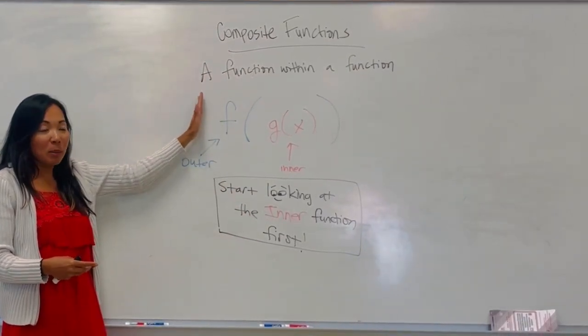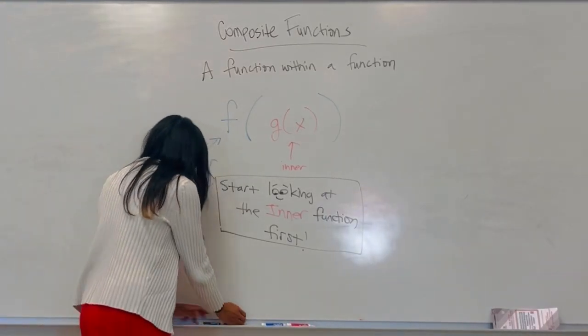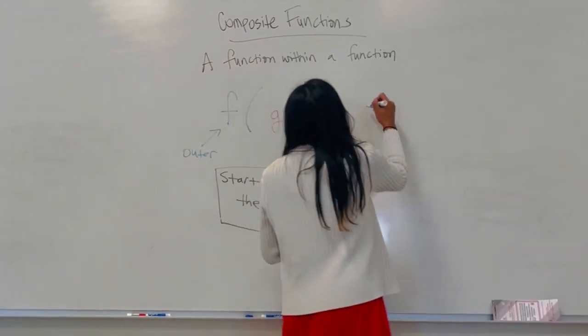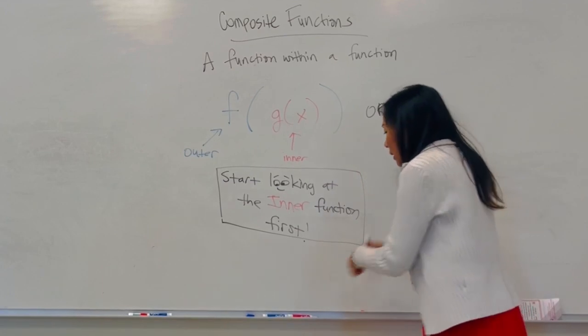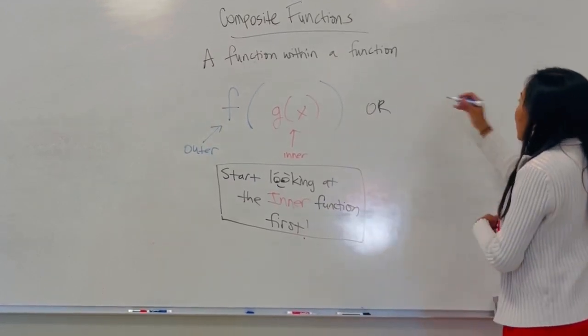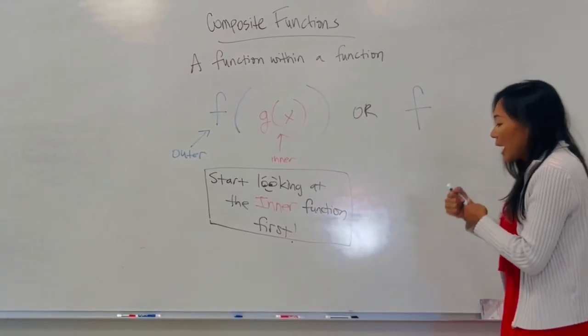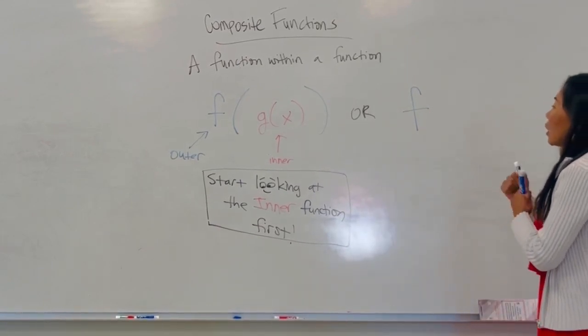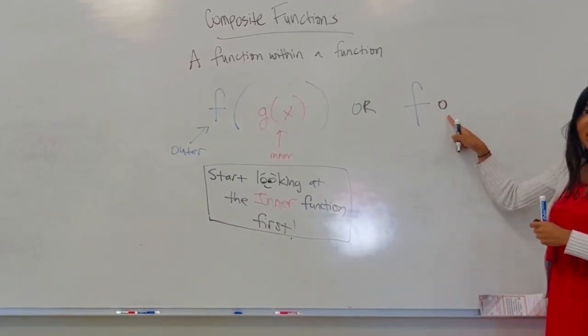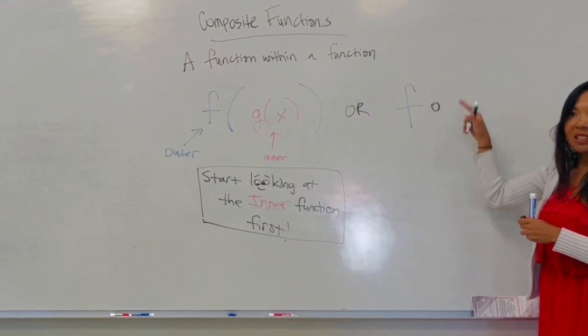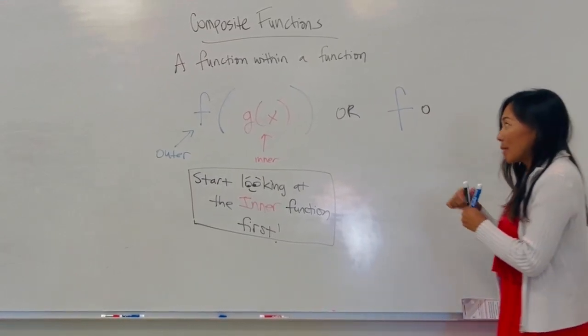So this is how it's normally written. There's a different notation too. The other way it's written is F, and then an open circle. It doesn't mean multiplication. It's an open circle, like a circle like this. No, it's not multiplication.